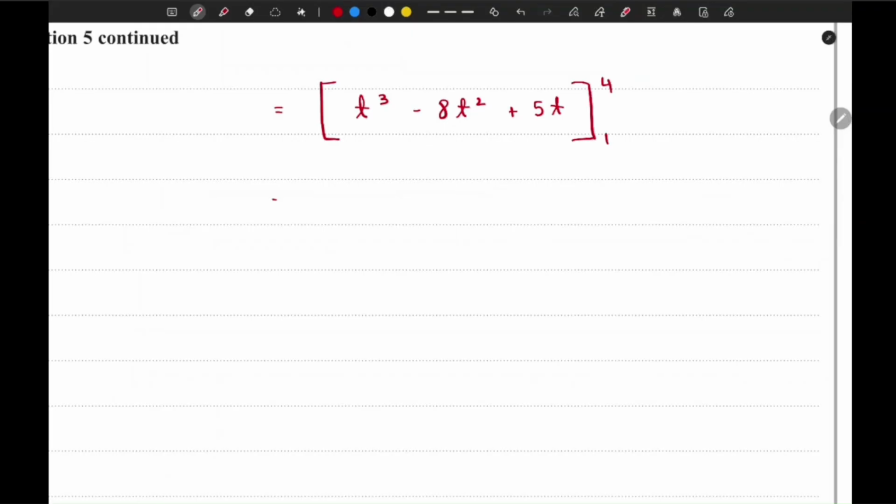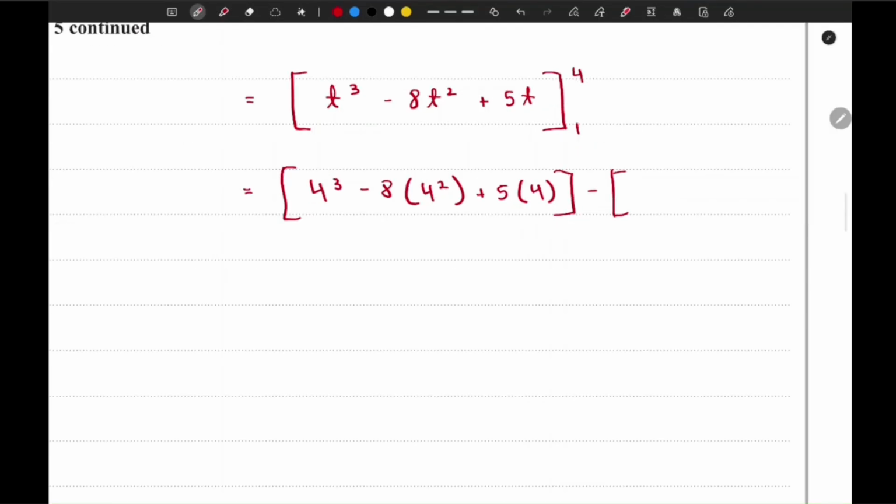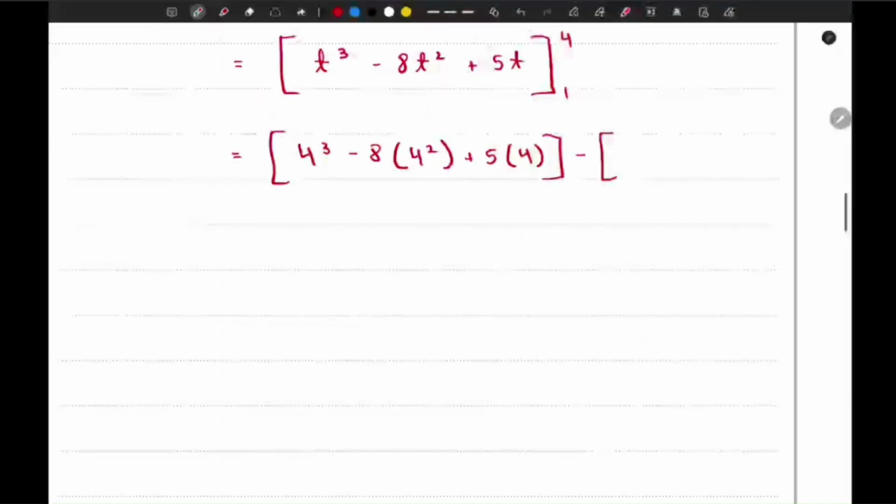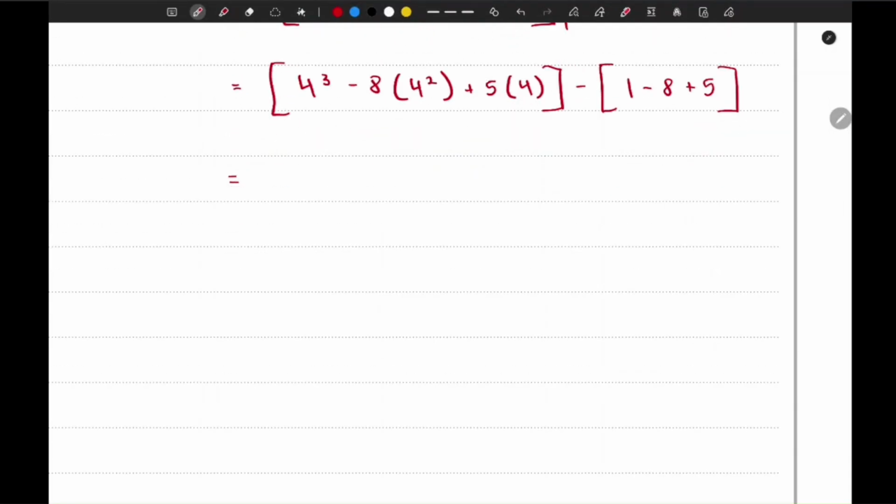First of all, we need to substitute the upper limit into this equation. So this will be 4 cubed minus 8 times 4 squared plus 5 times 4, minus the lower limit. The lower limit is 1, so this is 1 minus 8 plus 5. So this gives us a value of negative 42 meters.